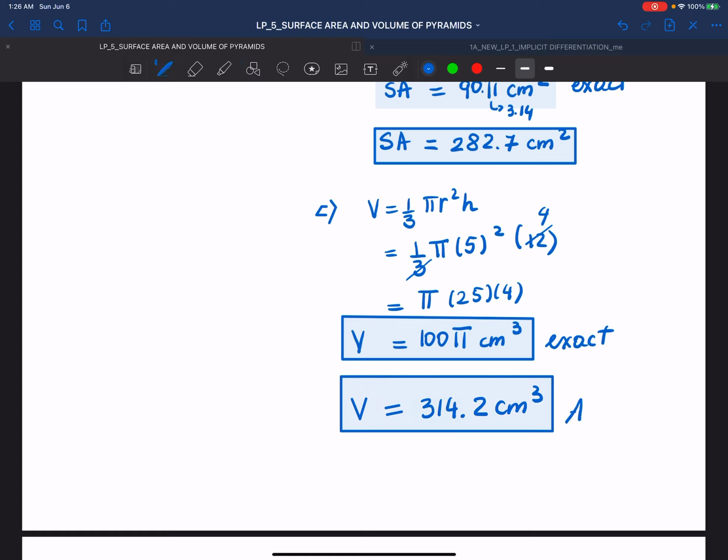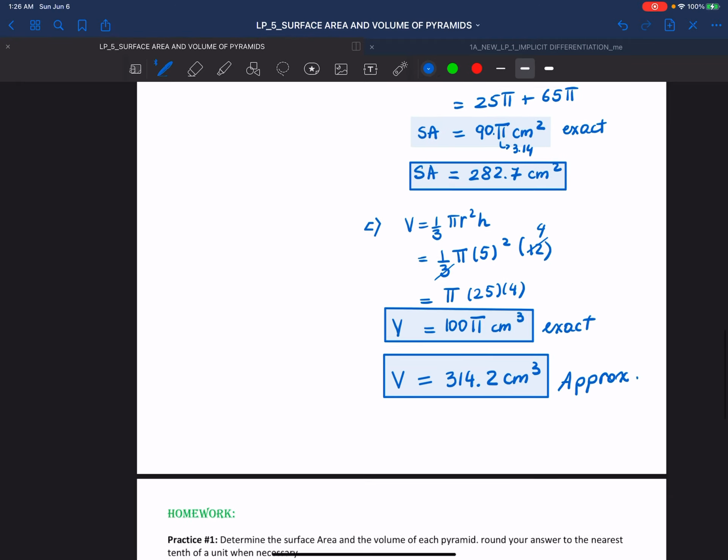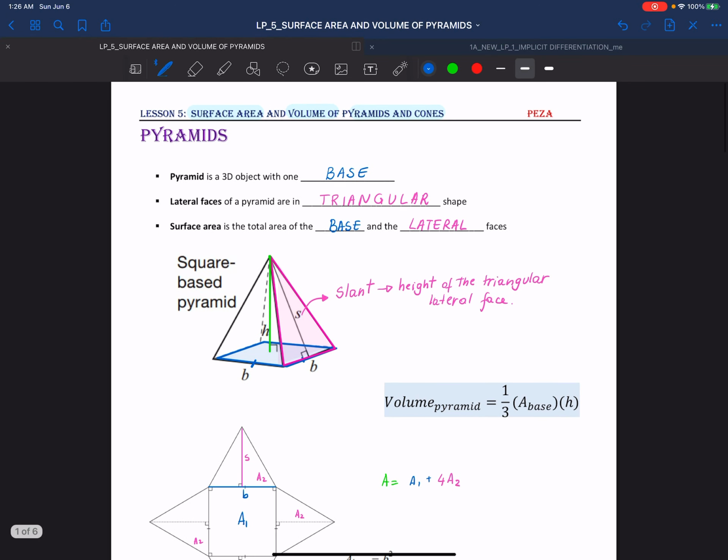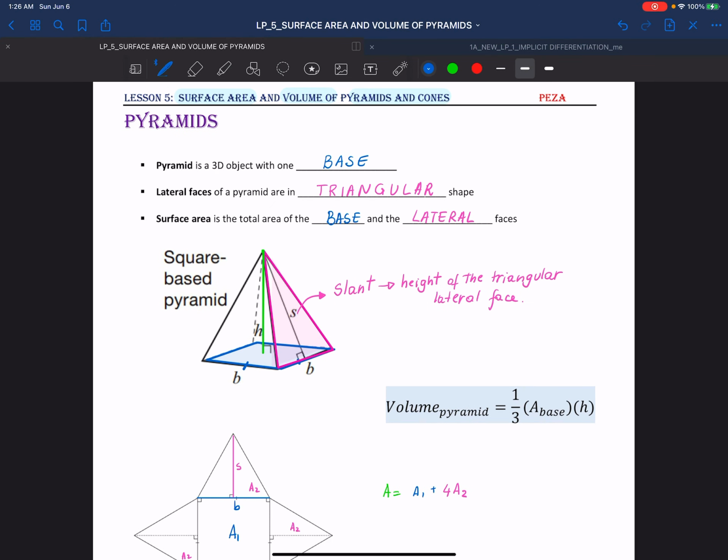So this was the lesson for today on volumes of pyramids and cones. And the things that we focused on were the wording or the language we use in describing these shapes. So for pyramids, remember, we needed to know the measurements that will help us find the base.